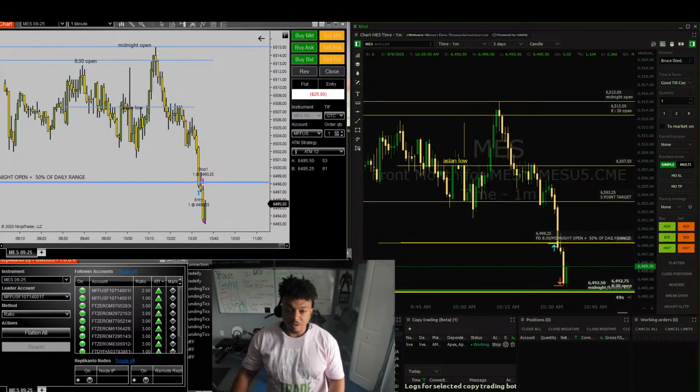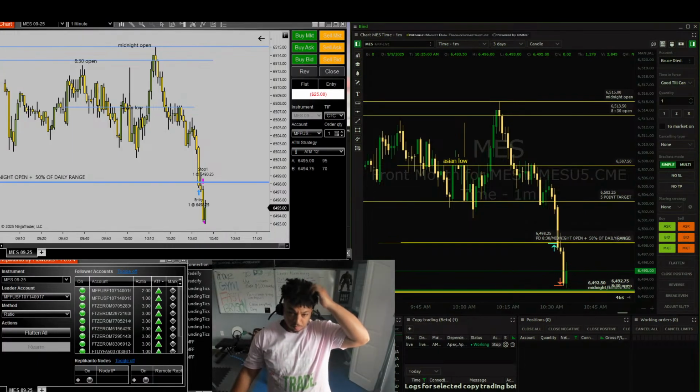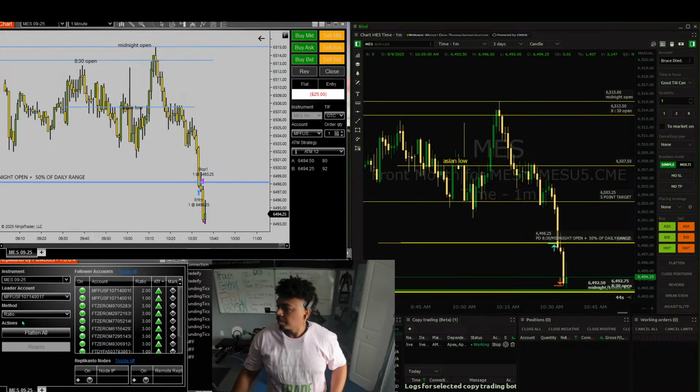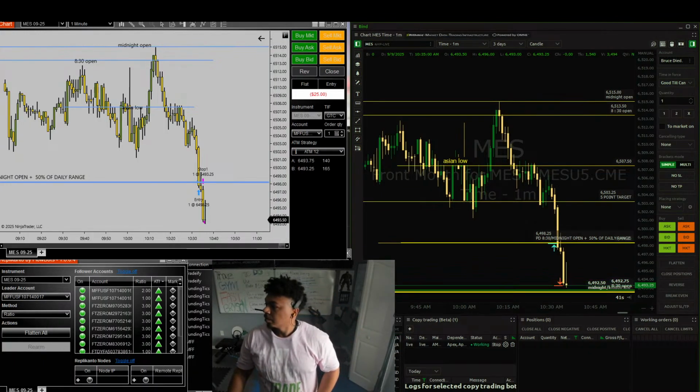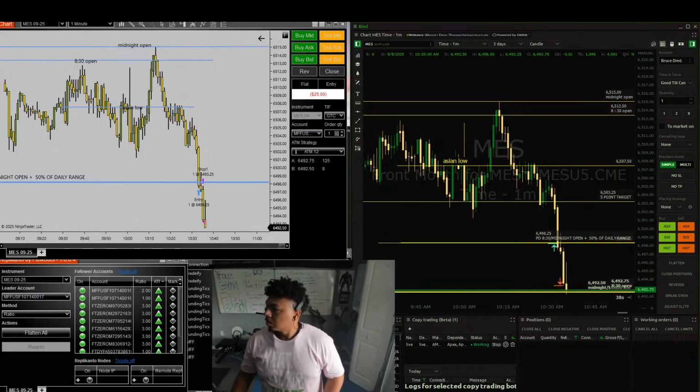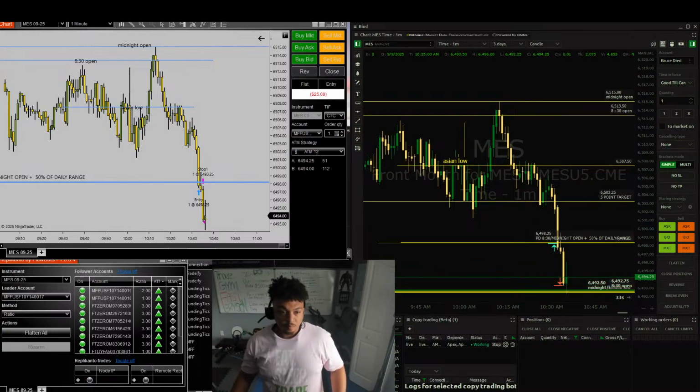Unfortunately it stopped us and reversed, but we just got to be patient, wait for the next setup. I do have a bit of regret for not taking that midnight open sell, but that's my fault.